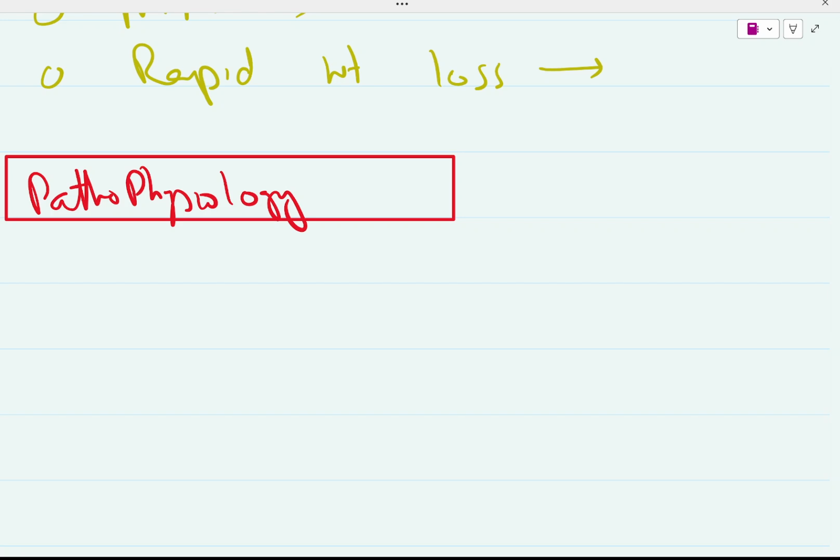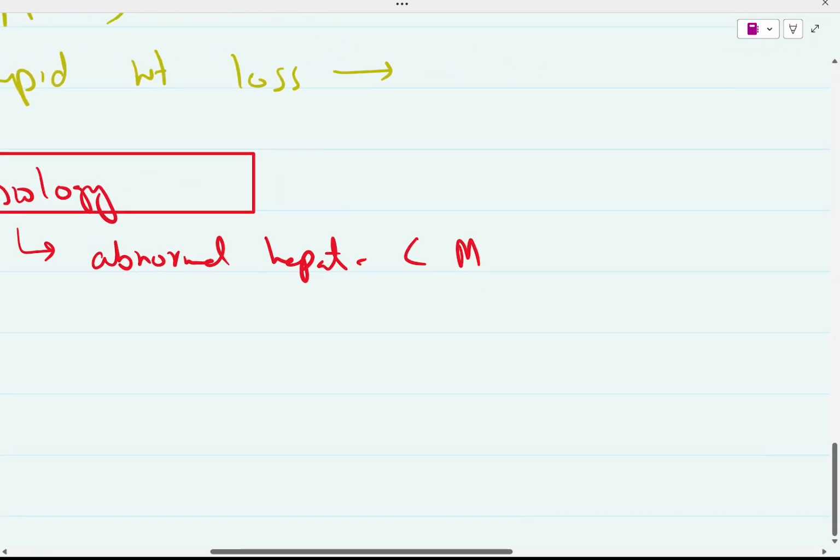Less talk, more understanding. So how do cholesterol stones form? What is the pathophysiology behind it? When there is abnormal hepatic cholesterol metabolism, it leads to increased cholesterol concentration in bile.